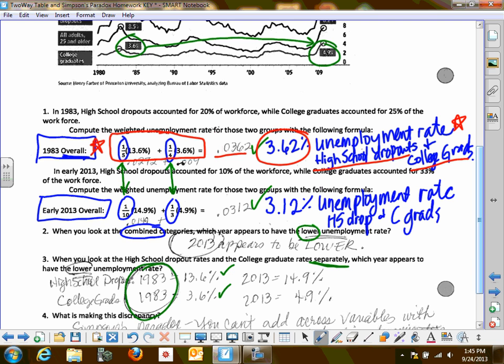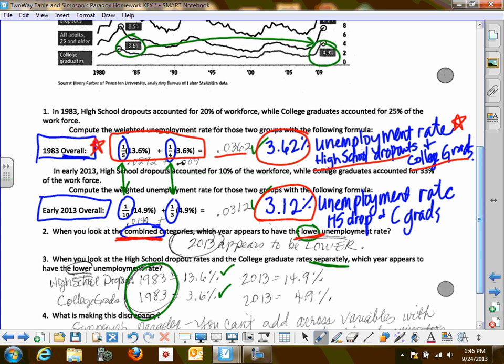Good? Now, 2013, I did a formula also. The unemployment rate for those two groups in 2013 was 3.12%. So question number 2, when you look at the combined categories, which year appears to have a lower unemployment rate?